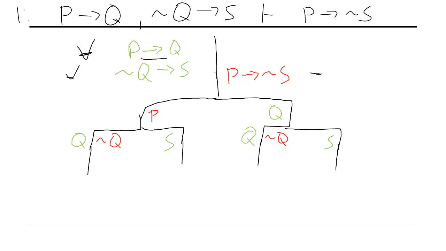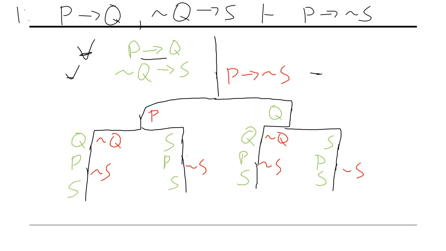So instead of branching, we're going to stack, and instead of marking the left side as false, we're going to mark it as true, and instead of marking the right side as true, we're going to mark it as false. And we've got to do this on all the different branches down here. The last thing we've got to do is flip these tilde S's across the line. So we're going to get rid of the tilde and just flip them across like that.